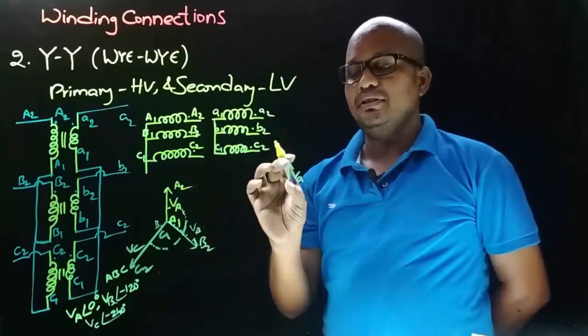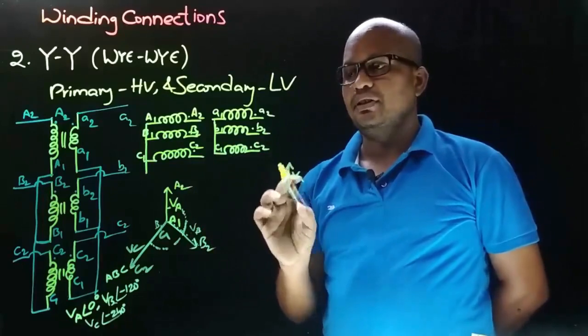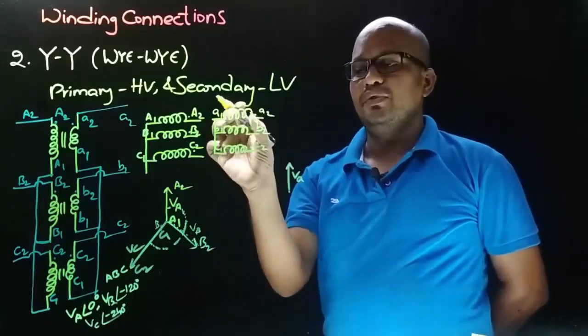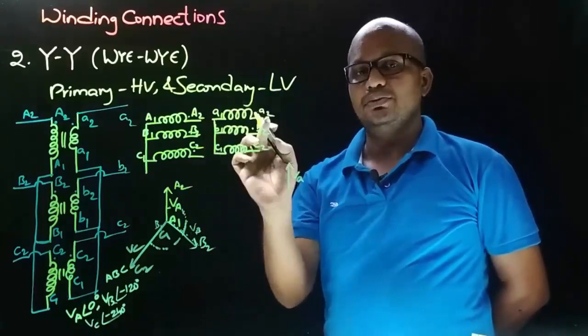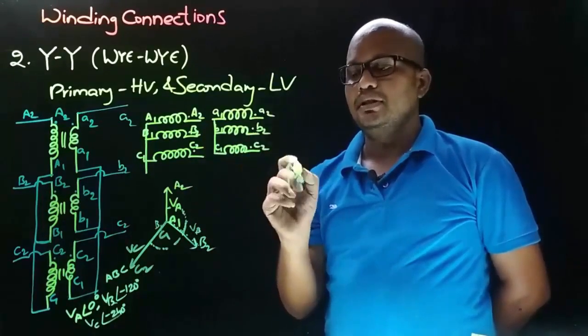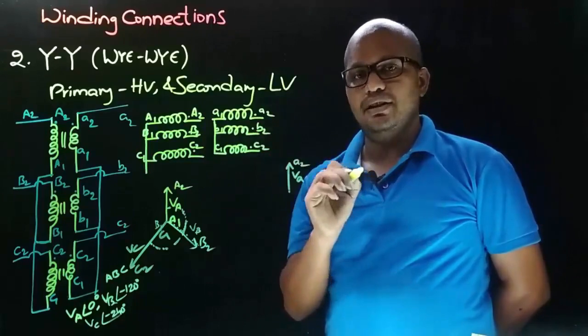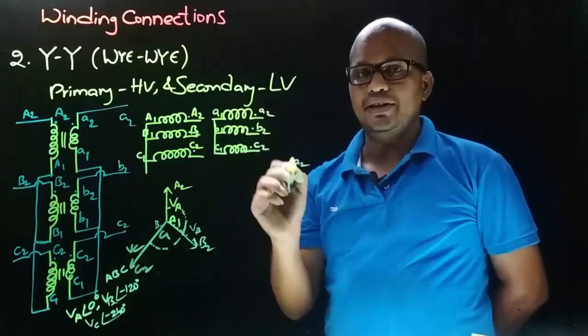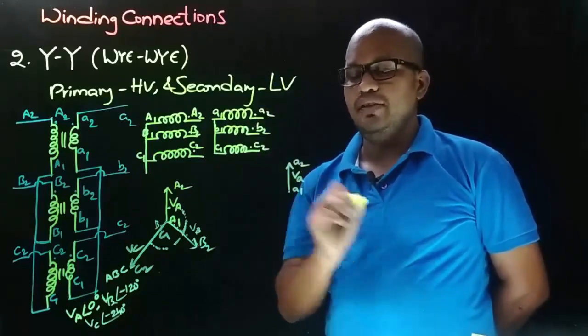And now we need to decide the terminals of secondary side VA phasor. So the terminals of VA is A1 and A2, and here we took the connection from A2, means arrow points towards A2 because connection is took from A2. So this will be A1 terminal.